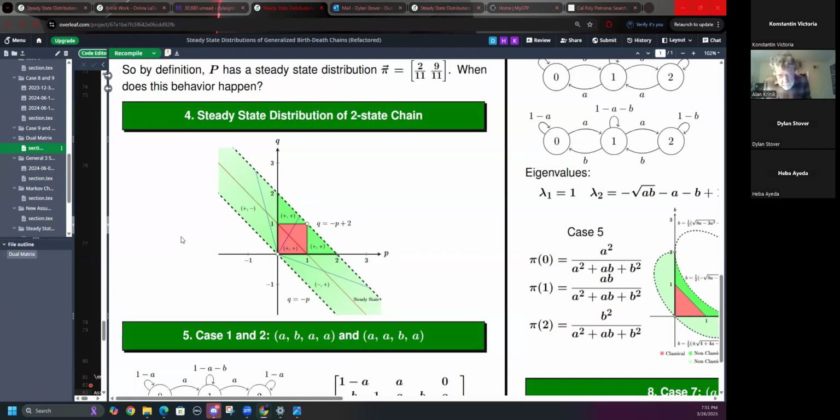So even the probabilities are conventional. However, there are two small green triangles that also give positive steady state distribution, but the P and Q entries are more than 1. And then the light green region is the one where we have negative probabilities and we still get steady state distribution.